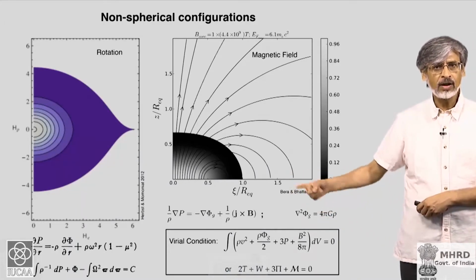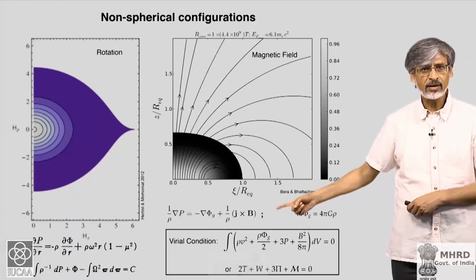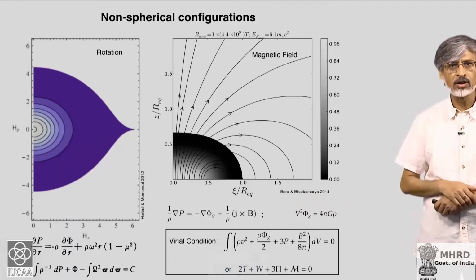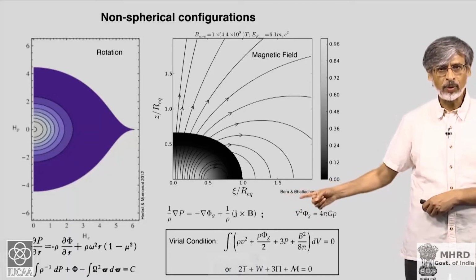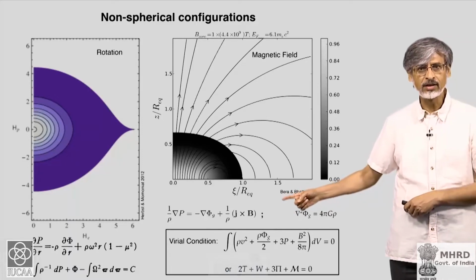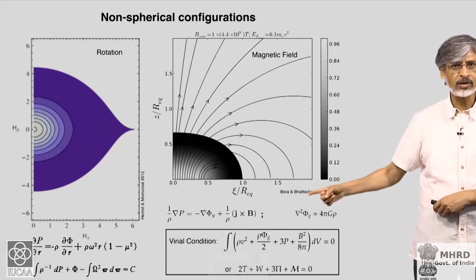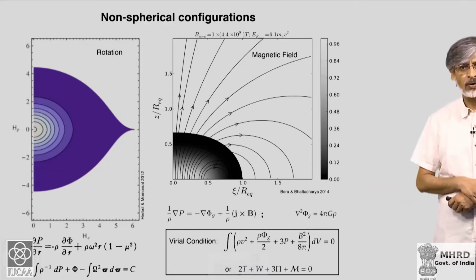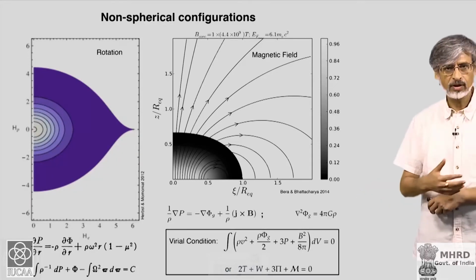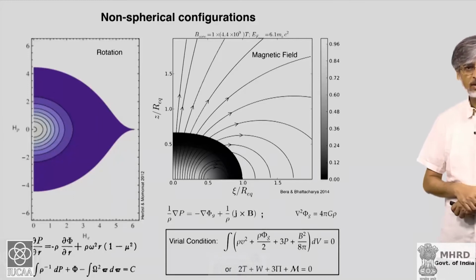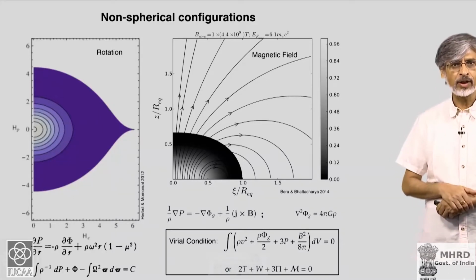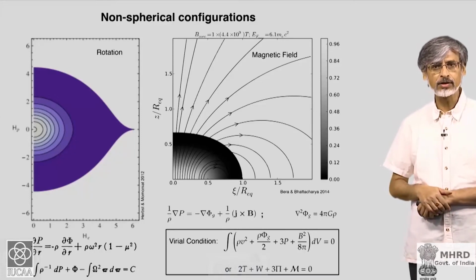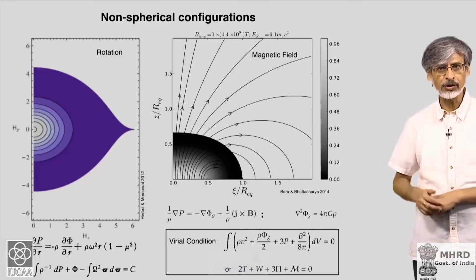In all these cases, one thing that one should always obey is the virial condition, that is, the components of these energies added together should go to 0 for stability, just as we saw in the case of thermal pressure, where thermal kinetic energy plus the gravitational potential energy should sum to 0.